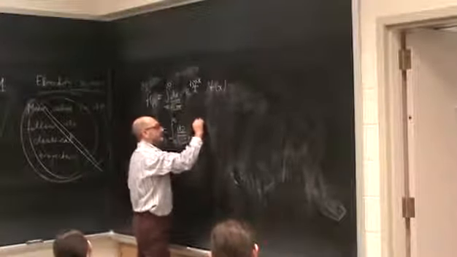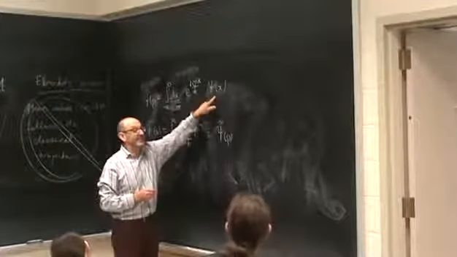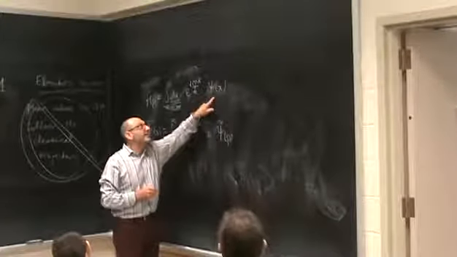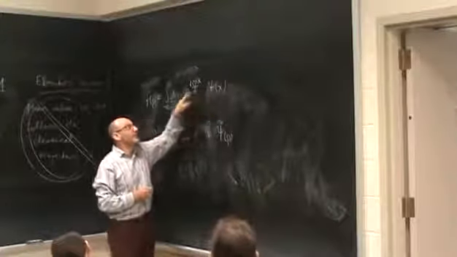In other words, in order to get the momentum space wave function, I have to project the state onto the position eigenstates. That's what I'm doing here, right?